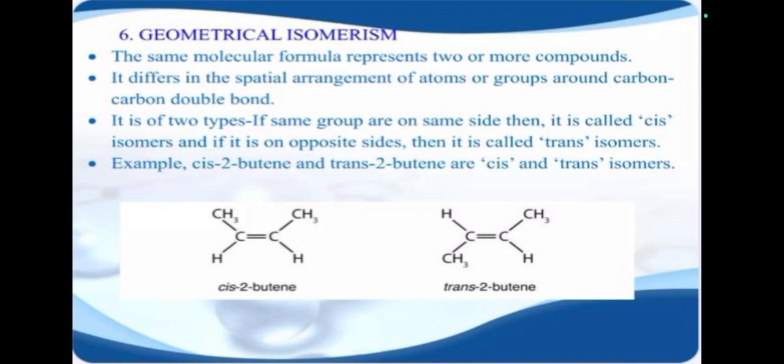It differs in the spatial arrangement of atoms or groups around a carbon-carbon double bond. It is of two types. If the same groups are on the same side, it is called cis. If on opposite sides, it is called trans isomerism. Examples: cis-2-butene and trans-2-butene are cis-trans isomers.